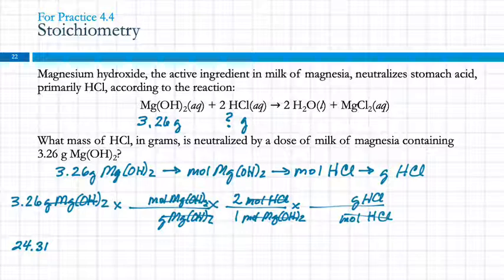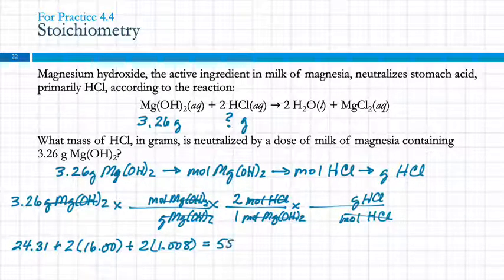There's 2 oxygens and there's 2 hydrogens. So 2 oxygens and 2 hydrogens. .326.